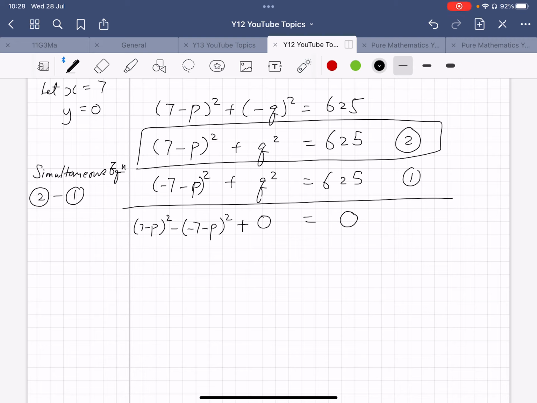So let's do this carefully. Now, you don't actually need to expand it. You can actually see, hopefully, what cancels out, but let's do it properly.